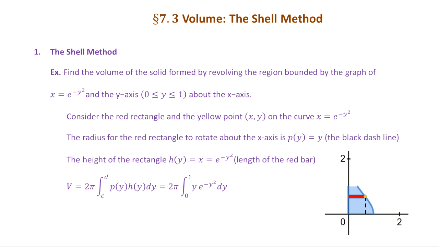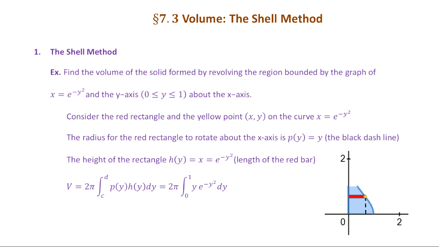And the height of the rectangle h of y is just x, the length. If you look at the yellow point with coordinates x and y, x is the same as the height or length of the red rectangle.